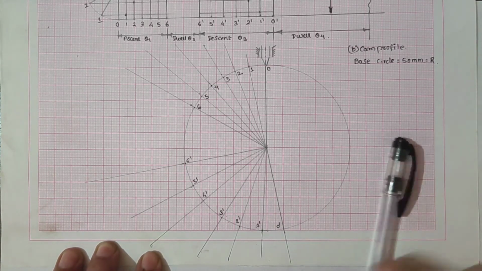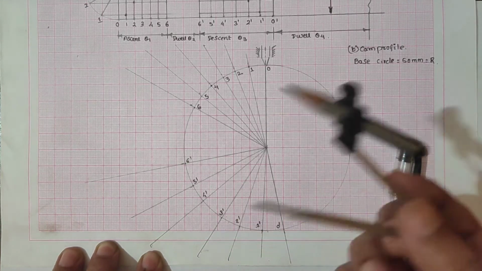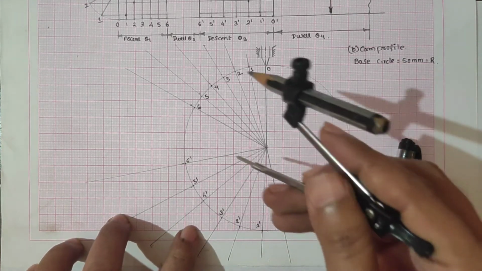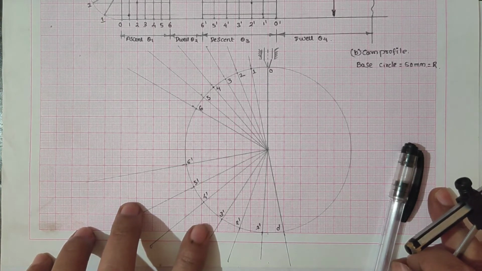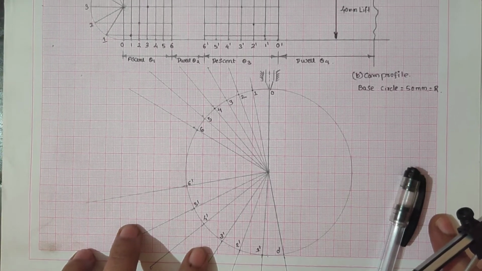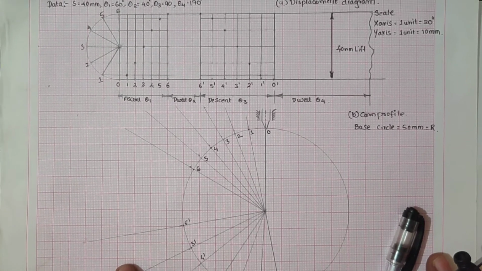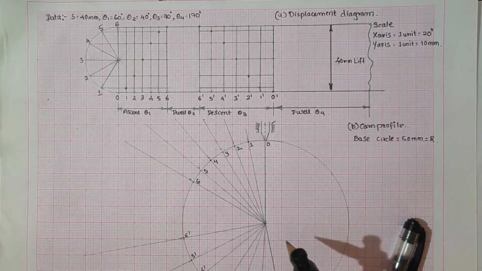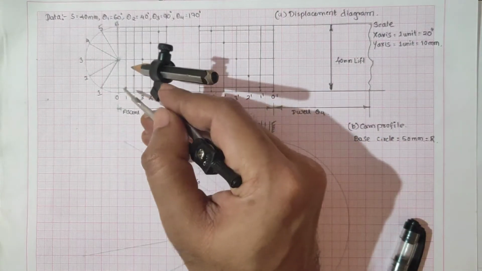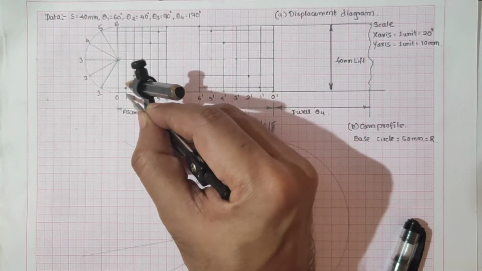Now we have to cut the arc. To cut the arc, what we require is the height. So where are we going to get the height? We are going to get the height from the displacement diagram. Look here carefully. We have to measure the distance between 1 to this particular point.